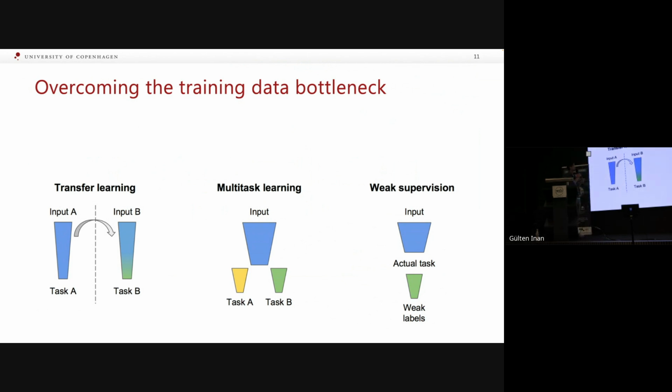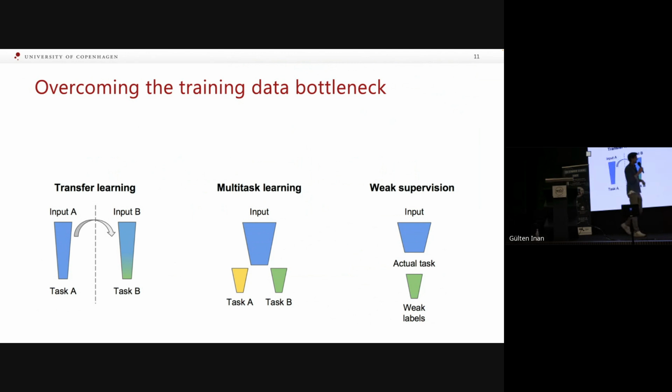So you might have heard of transfer learning, where the idea would be that we pre-train a model on some task A, for which we have a lot of training data. But the ultimate goal would be to solve actually task B. So we would take that pre-trained model and then transfer it and only fine-tune it, for instance, with very little training data from the task B that we care about.